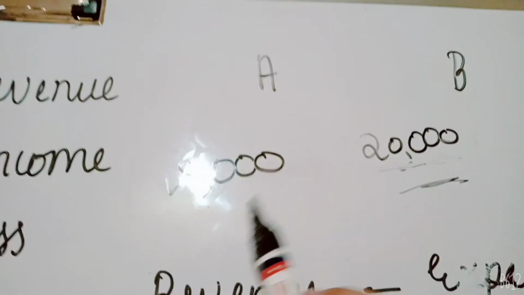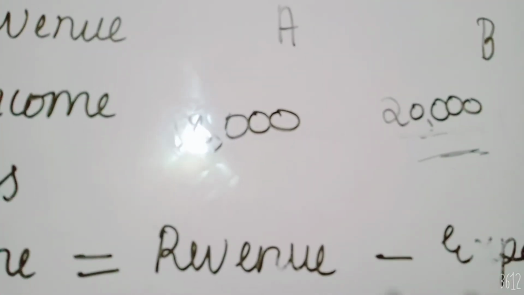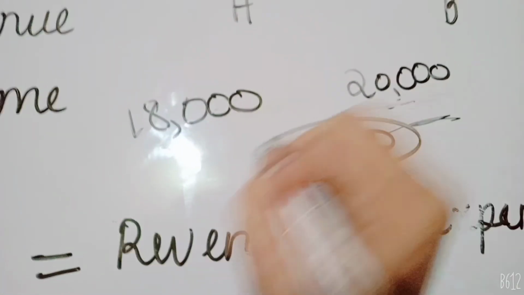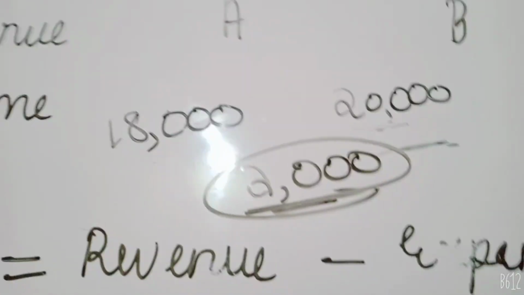So by looking at it, we can simply say that there's 2,000 profit or the income. So the income will be 2,000.